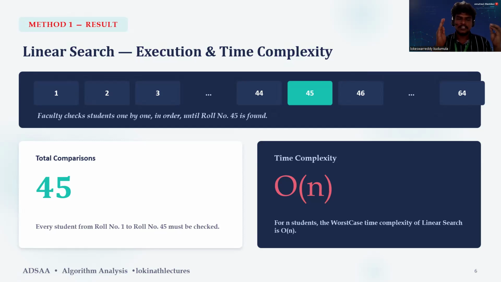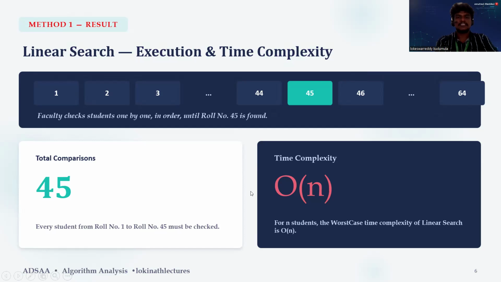So 45 times we need to compare. In total, 45 comparisons are required. Every student from roll number 1 to roll number 45 must be checked, and then we find the required roll number, which is 45.